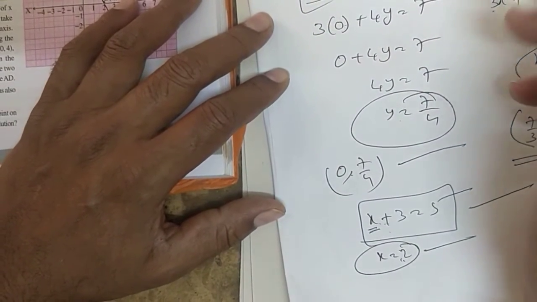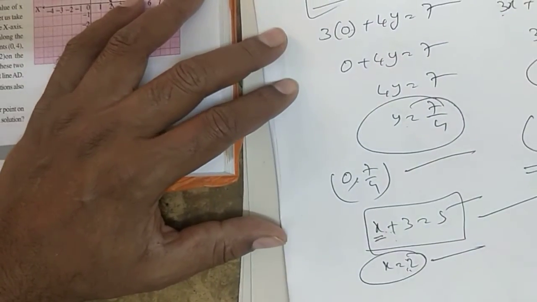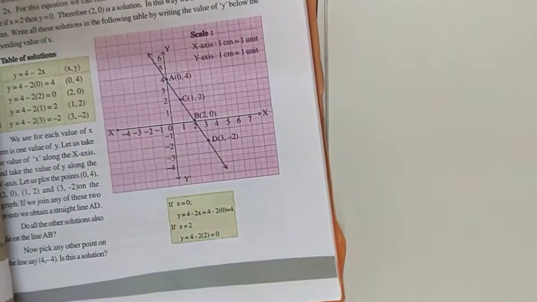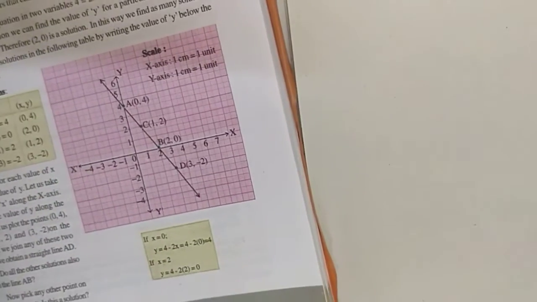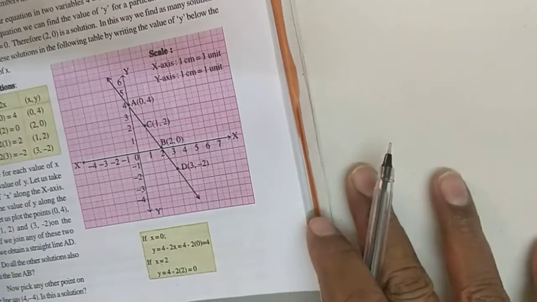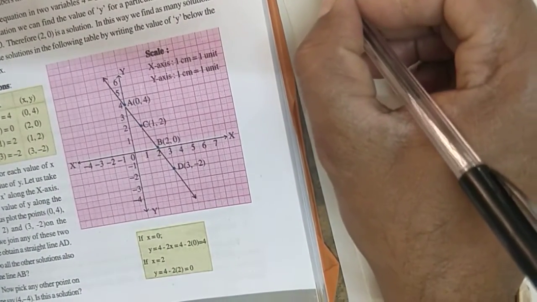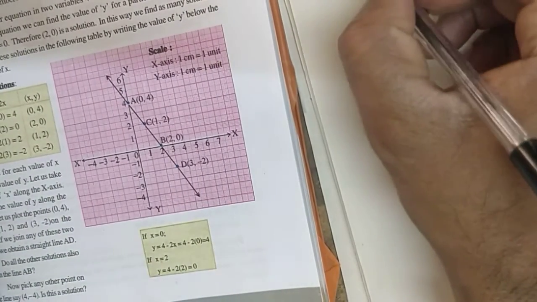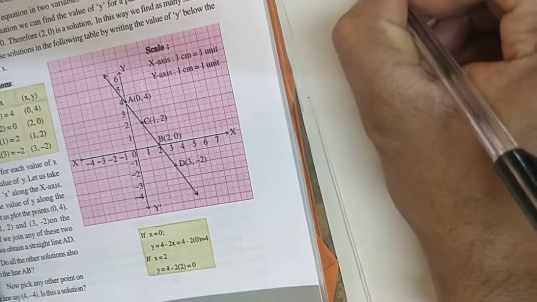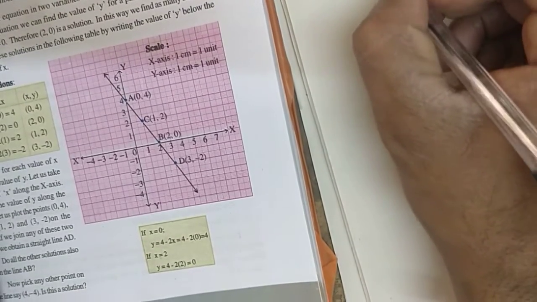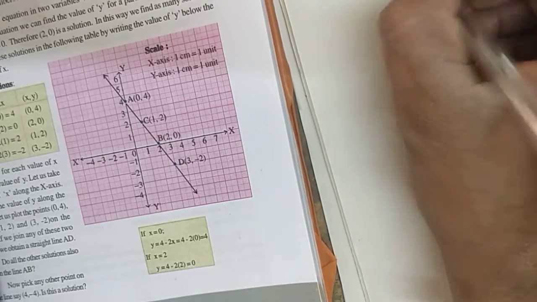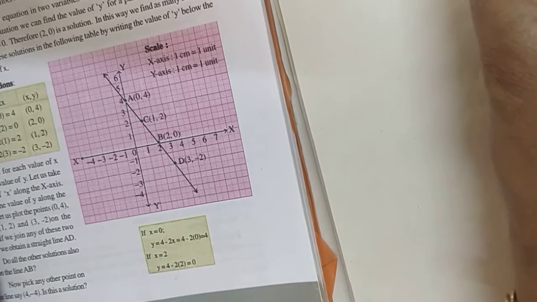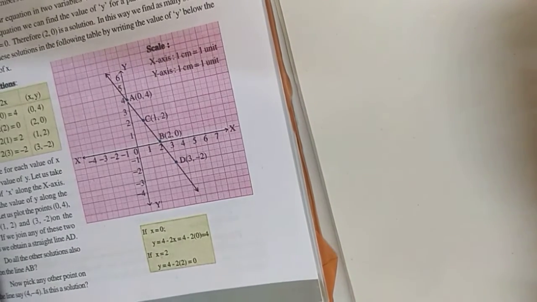Okay, but in this particular problem he is not asking for all. He is asking for just three different solutions. The question is 3x plus 4y is equal to 7. Serial number 1 I am writing here. Choice of a value for the variable: in place of x I am substituting 0. Then simplification: the actual equation is 3x plus 4y is equal to 7.